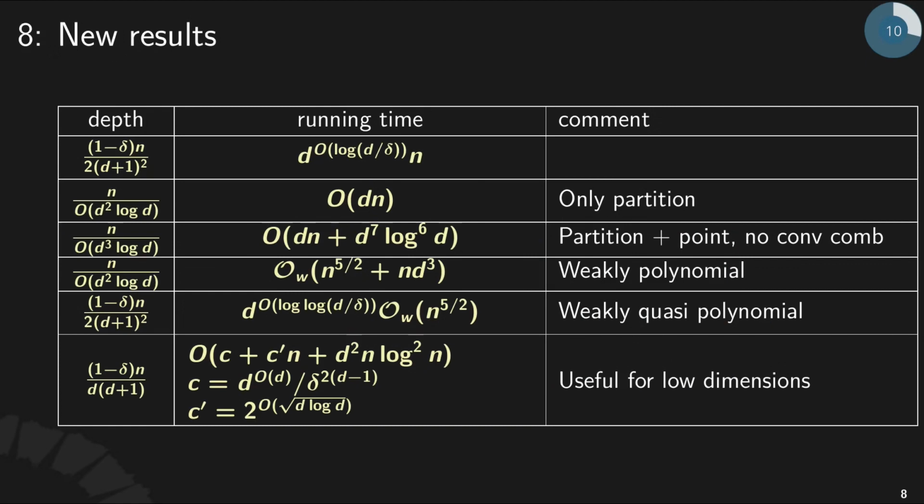Okay, so here's a table of our new results. Going through this table is too overwhelming to really do it during a talk. I think that, as I mentioned, the main result is the second result here that gives you a partition that is a Tverberg partition, and the depth is roughly n over d squared log d.